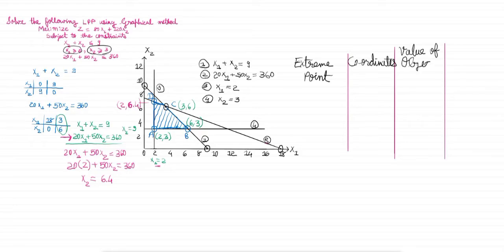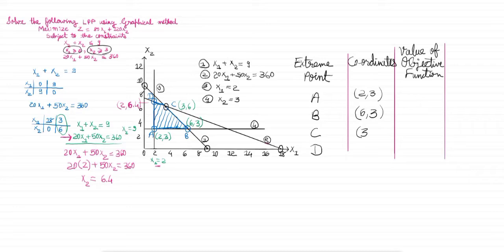Then our next thing is to make a table like this: extreme point, coordinates, and value of objective function. Here our extreme points are A, B, C, D. These are the points of our feasible region. And then write the coordinates like this.